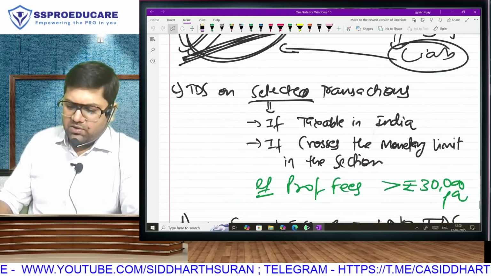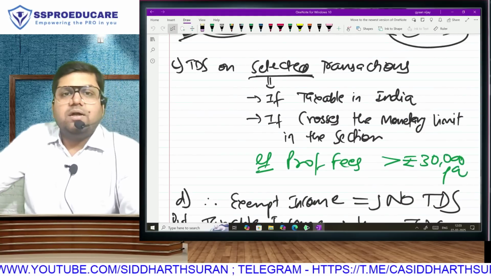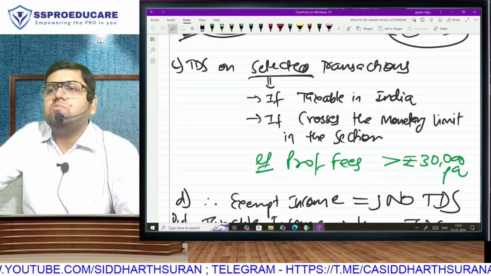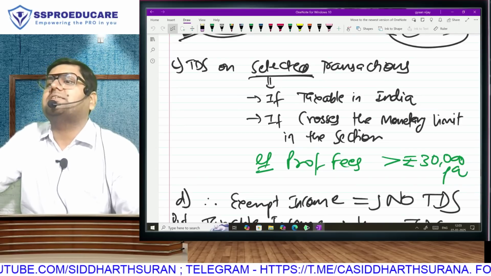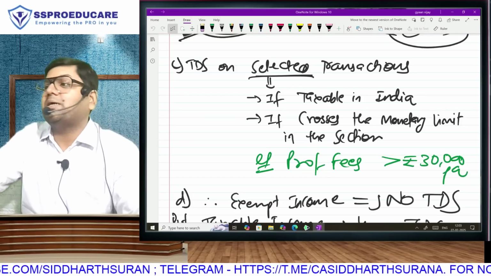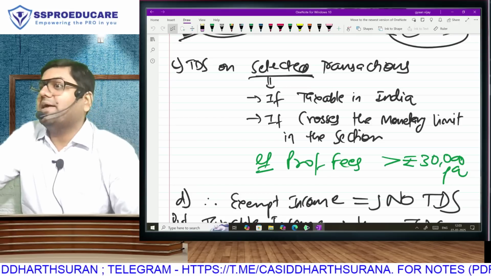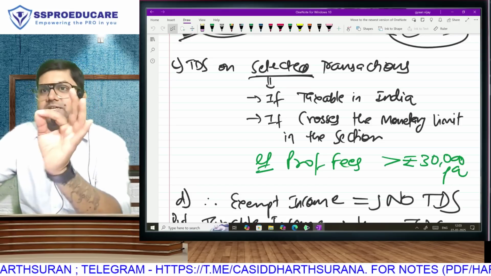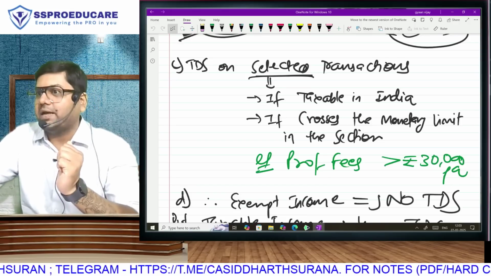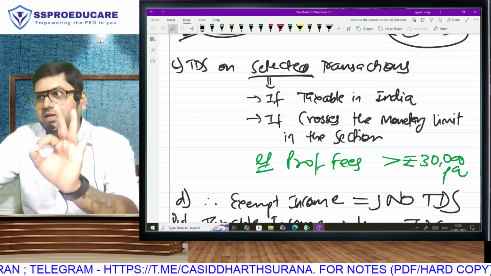Towards the end, I also told you a few important things about TDS. Income tax will come on an income or not, that depends on whether the income is taxable income or exempt income. That exempt income chapter we finished at the beginning of our syllabus. TDS will not come on exempt income because that you don't have to offer to tax. The whole idea of TDS was that you should offer it to tax. So on exempt income, there will be no TDS guarantee.